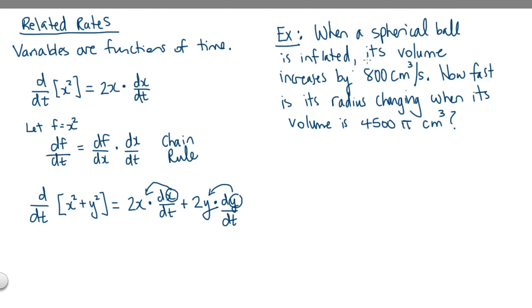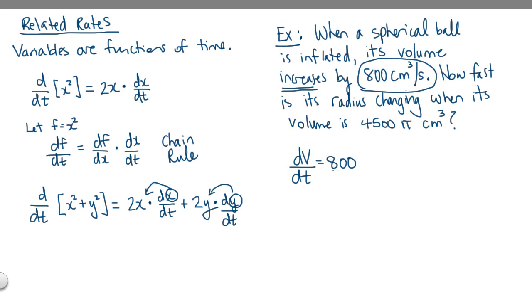If we're talking about a rate of change, so how quickly something is increasing or decreasing, then we are talking about a derivative with respect to time. So when we talk about this number here, that's the rate of change of our volume. So we could write dV by dt is 800.